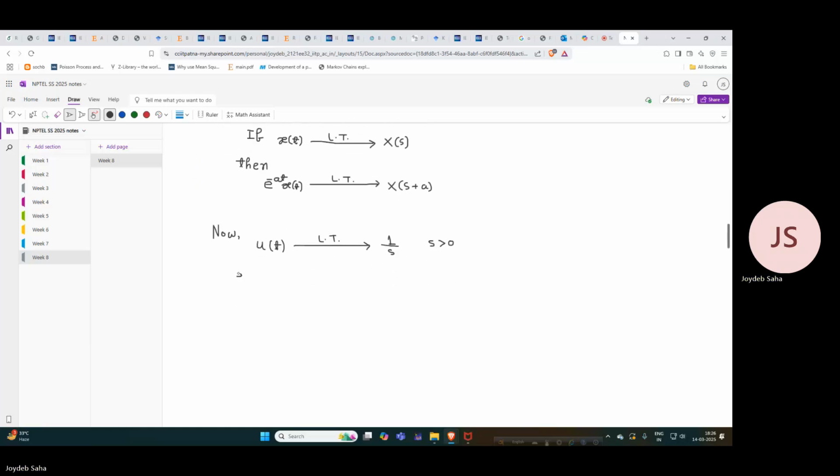If we write e to the power minus at u(t), its Laplace transform will be 1 upon s plus a, for s plus a greater than 0, that indicates s greater than minus a. Okay.